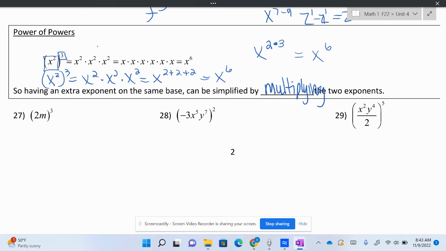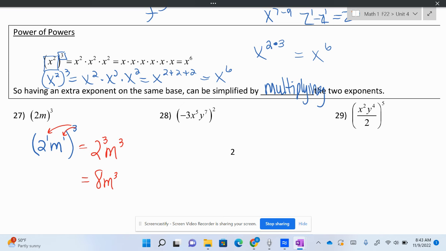So I'm going to first of all rewrite 2m as 2 to the first, m to the first, to the power of 3, because I want you to see what's going to happen. So now I'm going to take each one of these and multiply it by 3. So that becomes 2 to the third, m to the third. And I could simplify it one step more because 2 to the third is actually 8. So I actually am going to write my answer as 8m cubed.